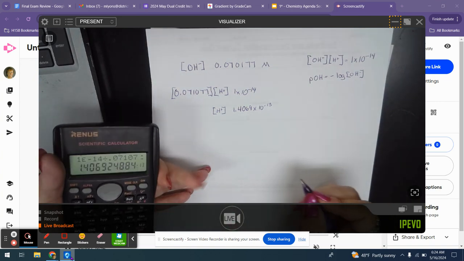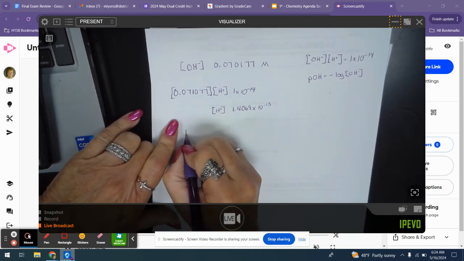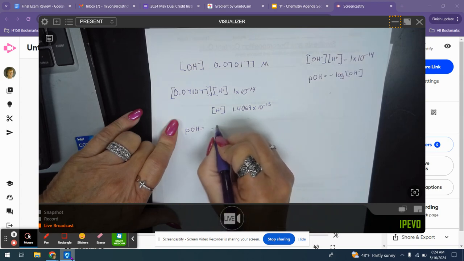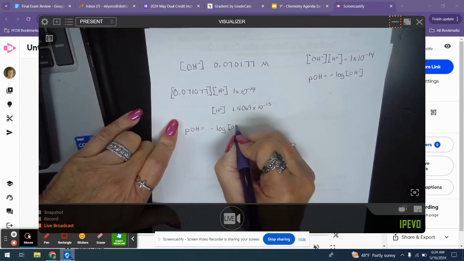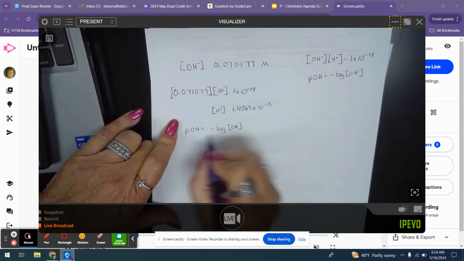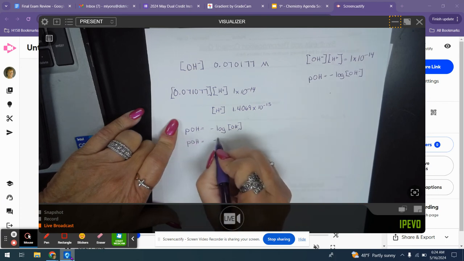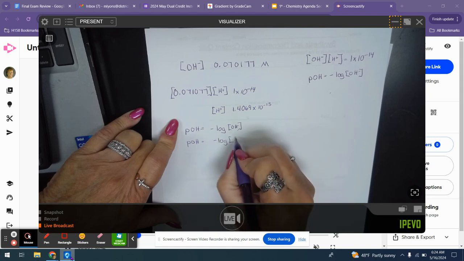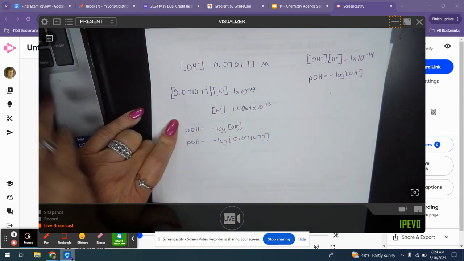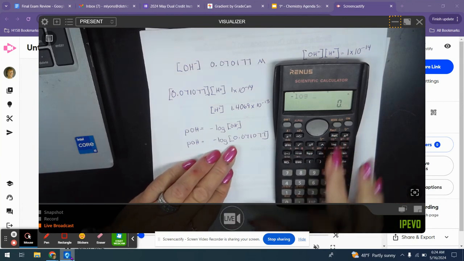I could also, with my hydroxide ion concentration, find out that pOH is the negative log of the hydroxide ion concentration. So pOH would be negative log of 0.071077. Let's do that.